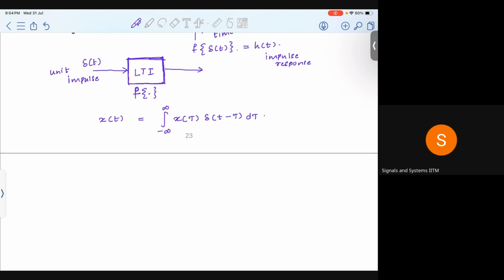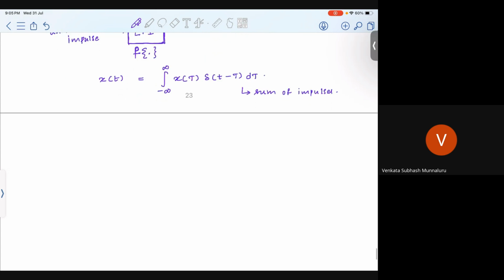So x of t can be represented as a sum of unit impulses. This is something that we have seen multiple times. We also solved problems on this, right? Yes, ma'am, we know this.